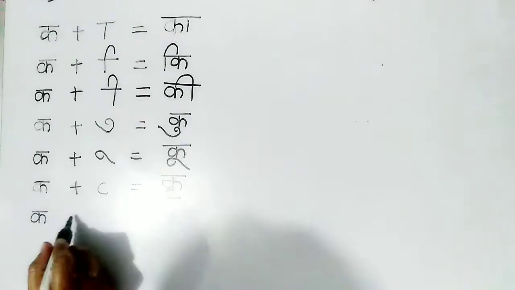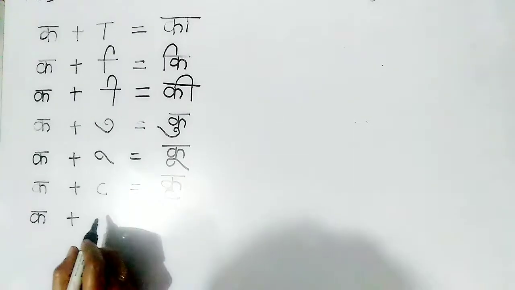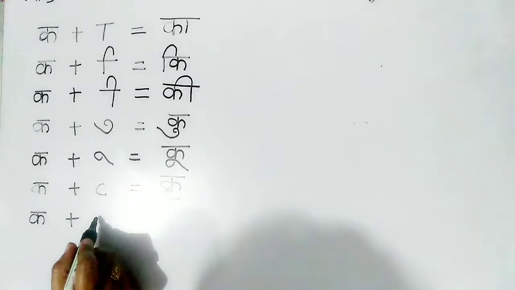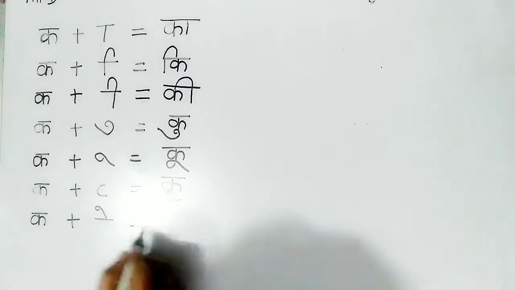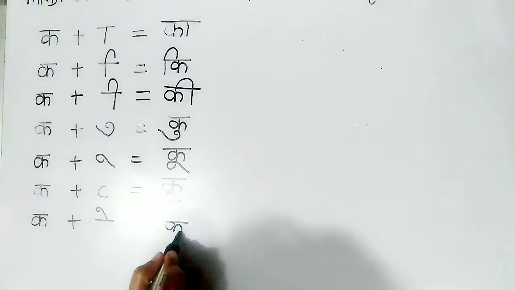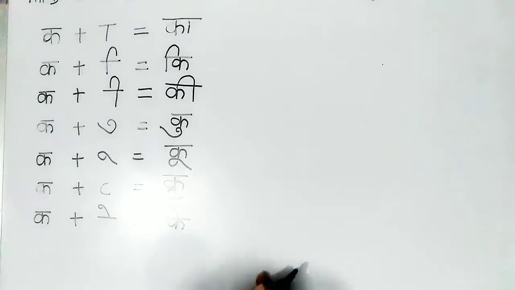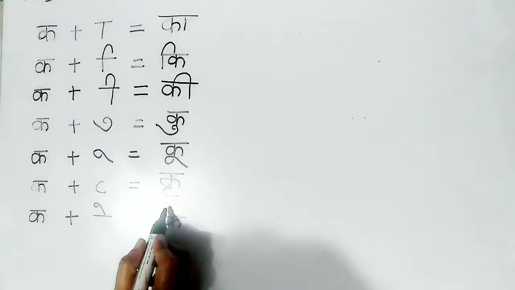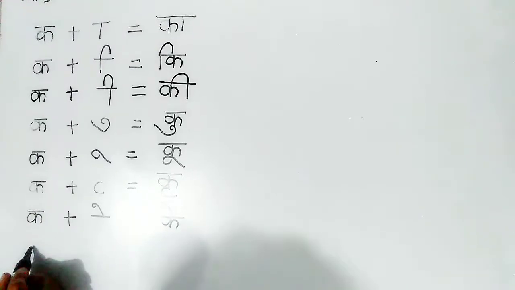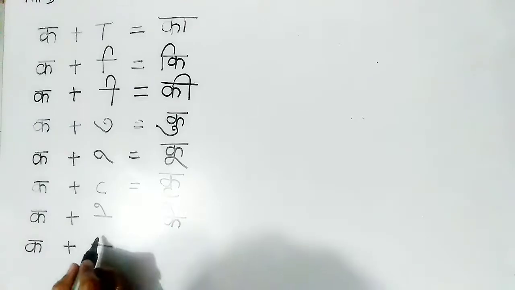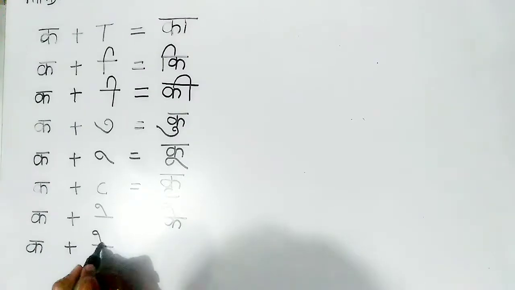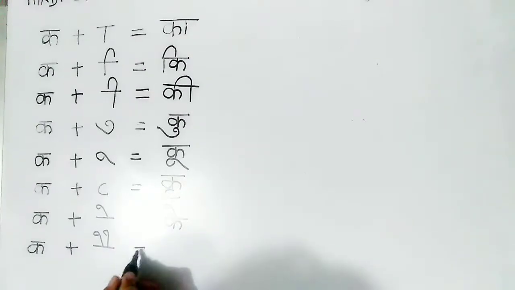K and the e matra makes Ke. This is K, and put here the ai matra.